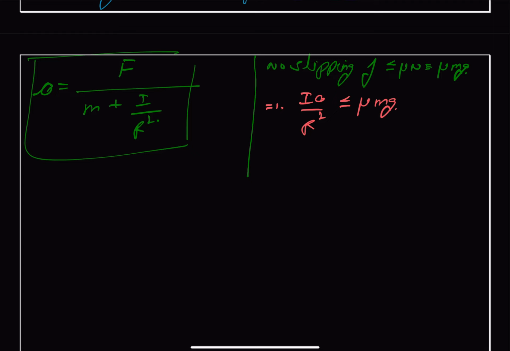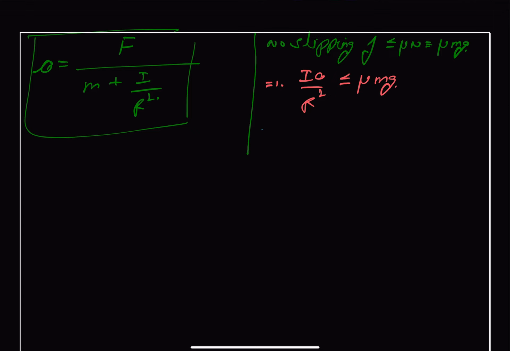If we want a to be maximum, then maximum a is for f equal to mu m g, or we can also say at the verge of slipping. So these are some things which are dependent upon the friction.